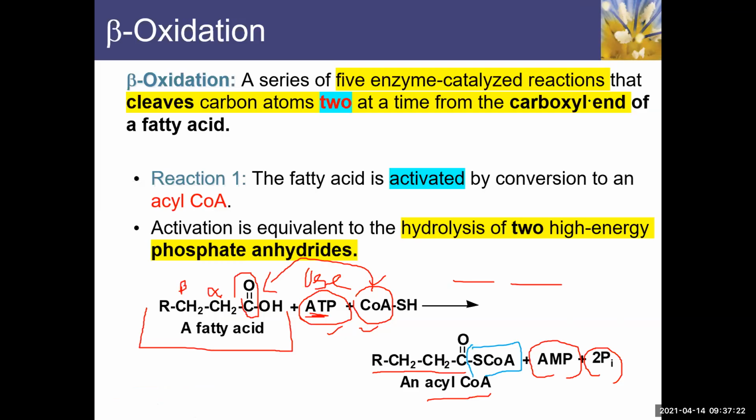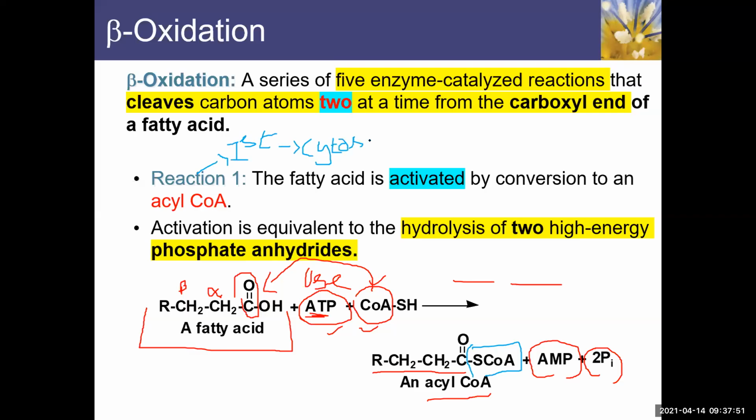Did you all understand the first step, everyone? Okay. This step you have to remember, as I told you, you have to ask yourself a question. This first step is the only one which takes place in the cytoplasm, or the cytosol.